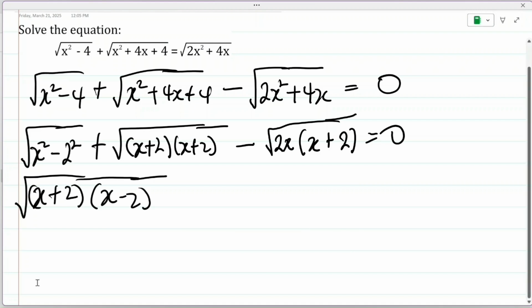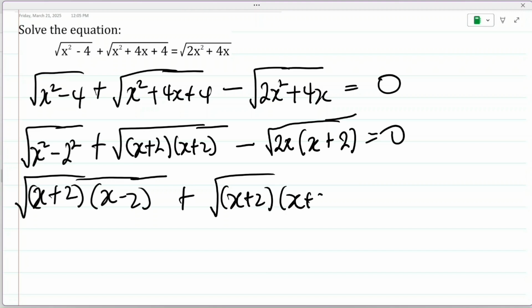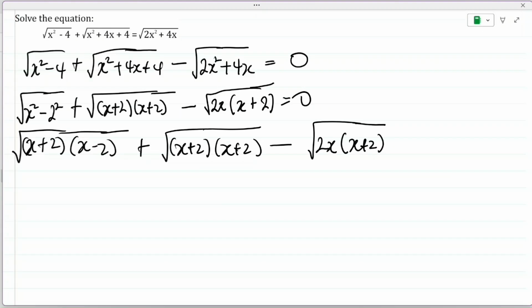You're done factorizing this. Then you have plus square root of x plus 2, x plus 2 minus square root of 2x in open bracket, x plus 2 close bracket equals 0. On the next line, since you have this first bracket linked to this second bracket by times, you can give them their separate square roots. Same applies to this and this.